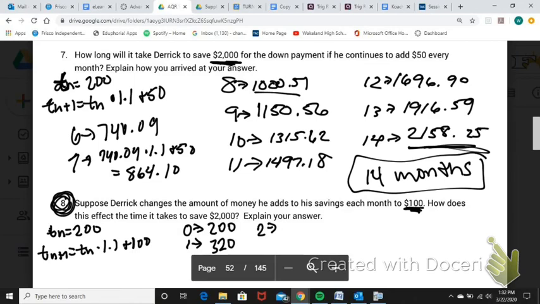When we get to that second month, we're going to take that 320, plug it back into this function right here, multiply that times 1.1, add 100 to it, and then you'll get 452. So I want you to keep doing this, and I want you to answer how many months it's going to take. You don't necessarily have to explain your answer, just showing your work can be good enough for me.